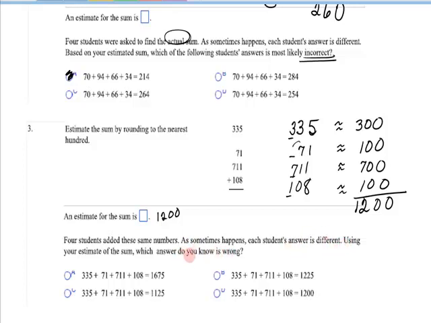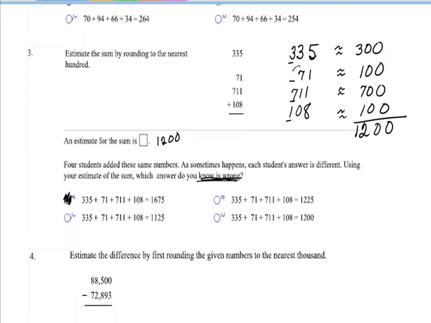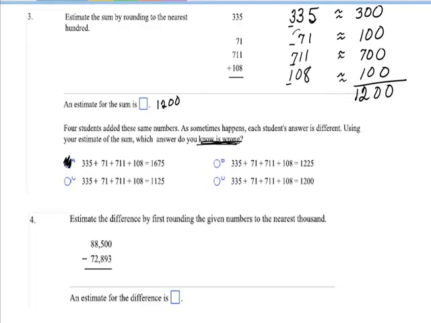So which one do you know is wrong based on this? Is it 1675, 1125, 1225, or 1200? Which one's wrong? Once again, it's choice A because 1675 is way off. So the estimate tells you that couldn't possibly be right. All right, let's do one more.